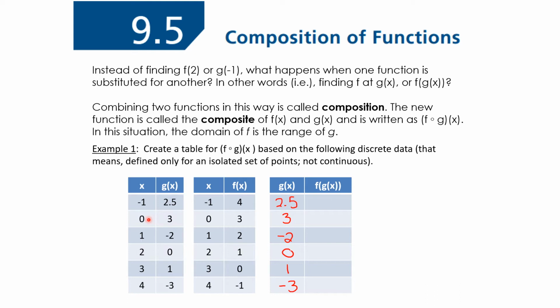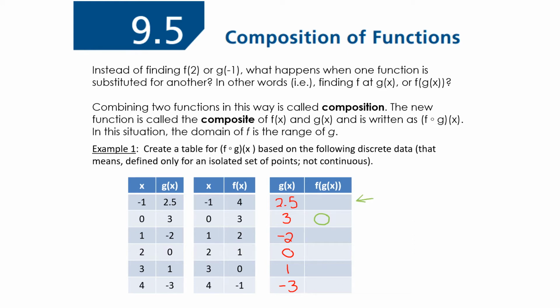Move it over. This becomes our 3. This is like our g at x here. When that becomes 3, what's f at x? Well, that was a 0. So over here beside the 3, I put a 0. Now I skipped the 2.5 and I'll come back to it. I'll tell you why in a minute.